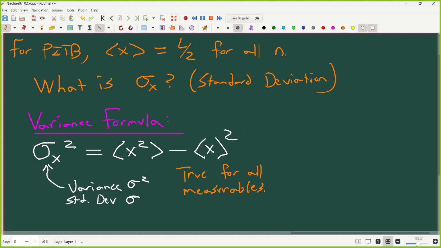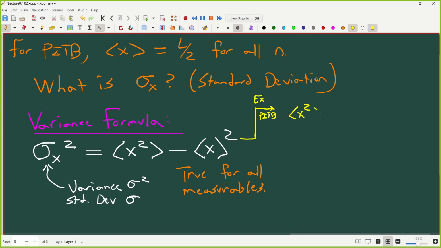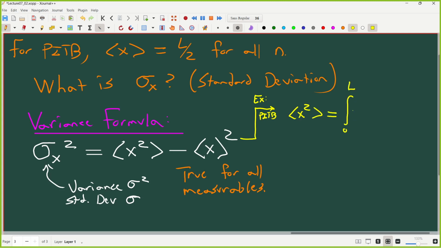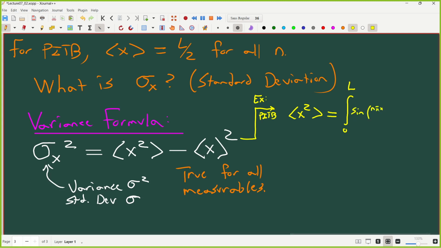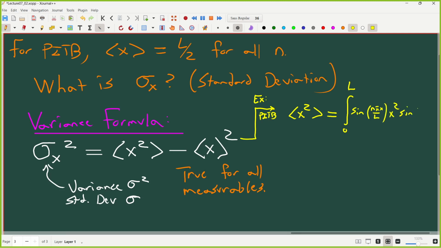So for the particle in the box, my example for PITB is that the average of x squared is going to be the integral from 0 to L of sine n pi x over L times x squared times sine n pi x over L dx. And we know the average of x is L over 2.